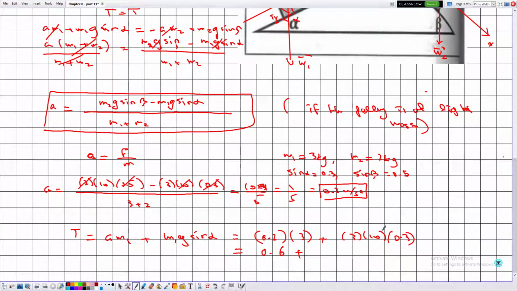plus, okay, this is 3 multiplied by 3, 9. Now how come this is 0.6 compared to this value? Let me check the value of the acceleration again, if it's correct.